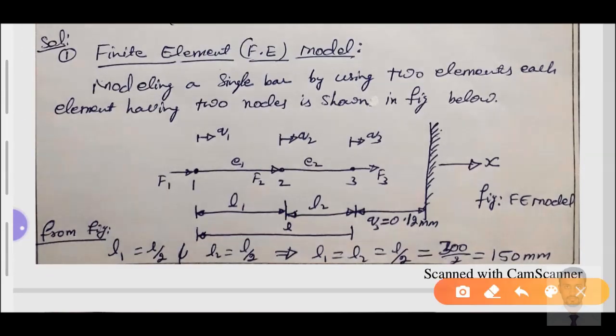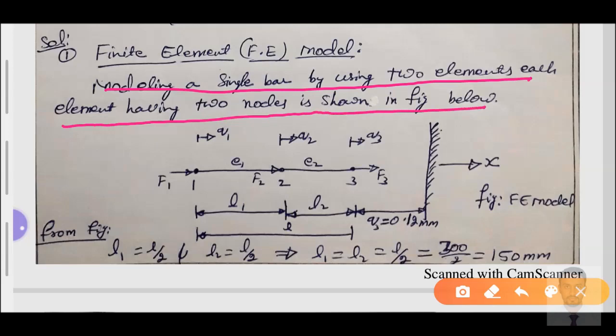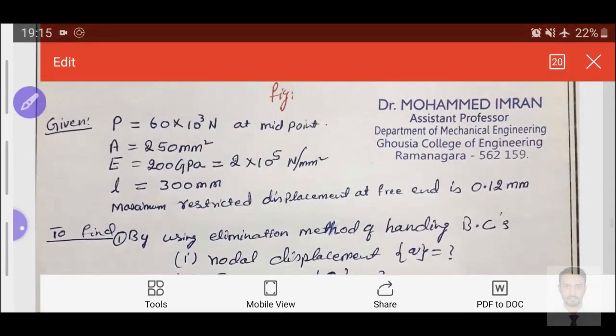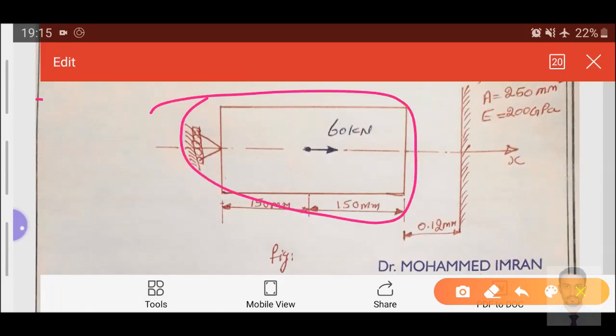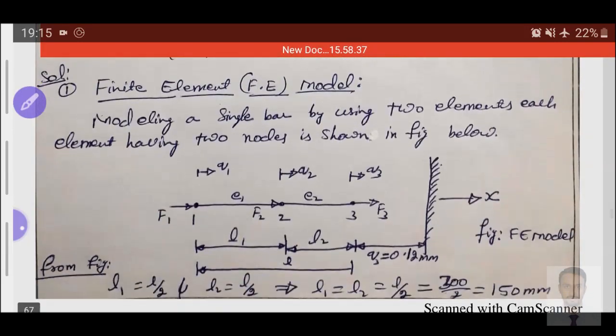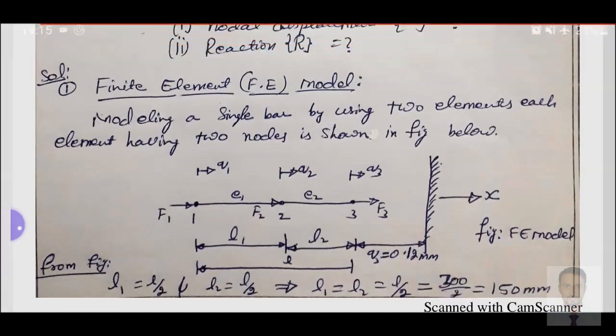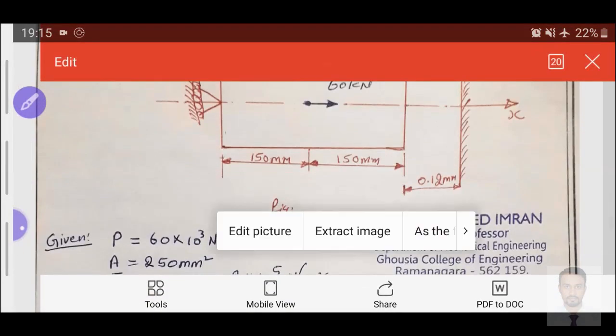each node. Now, modeling a single bar using two elements, each element having two nodes as shown in the figure. We have a given problem as a single element. From the single element we'll make two elements. How are we making them? Based on the force representation.